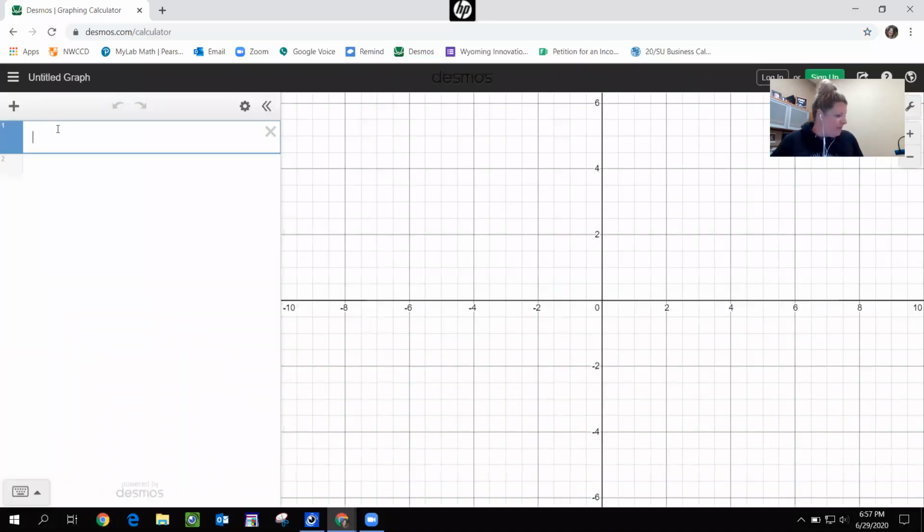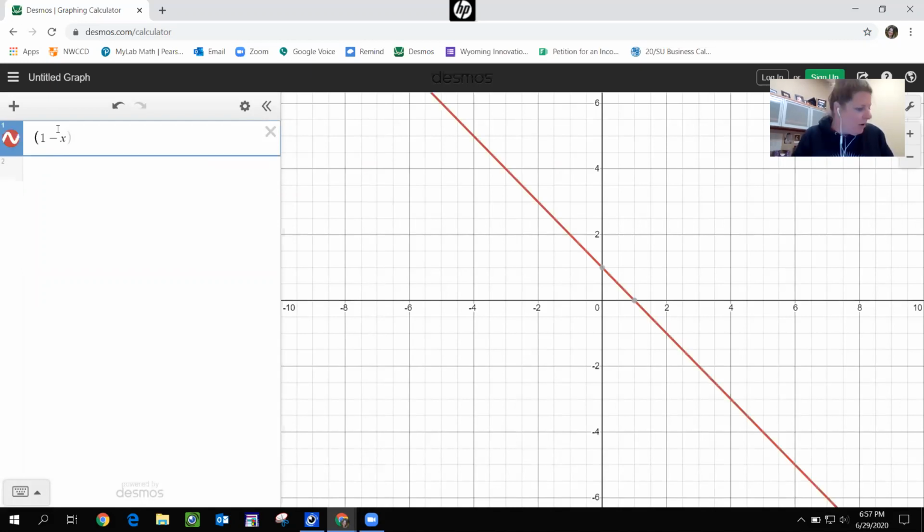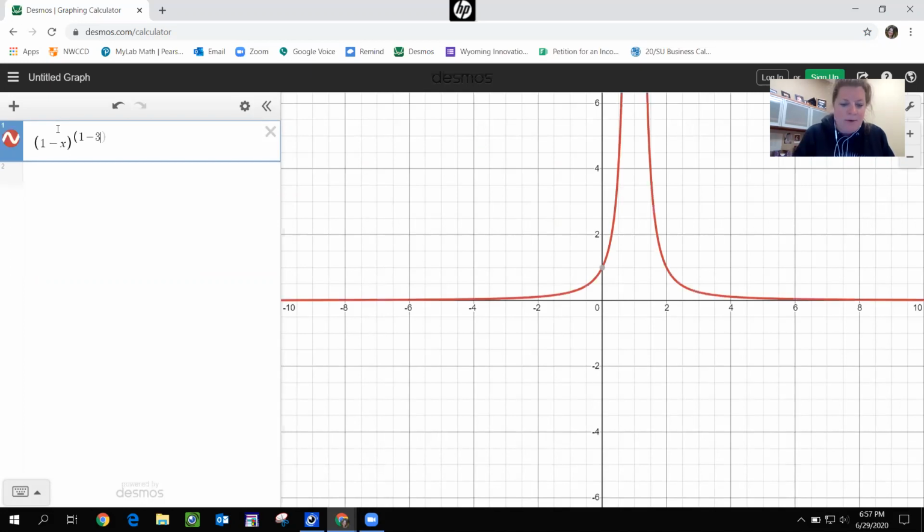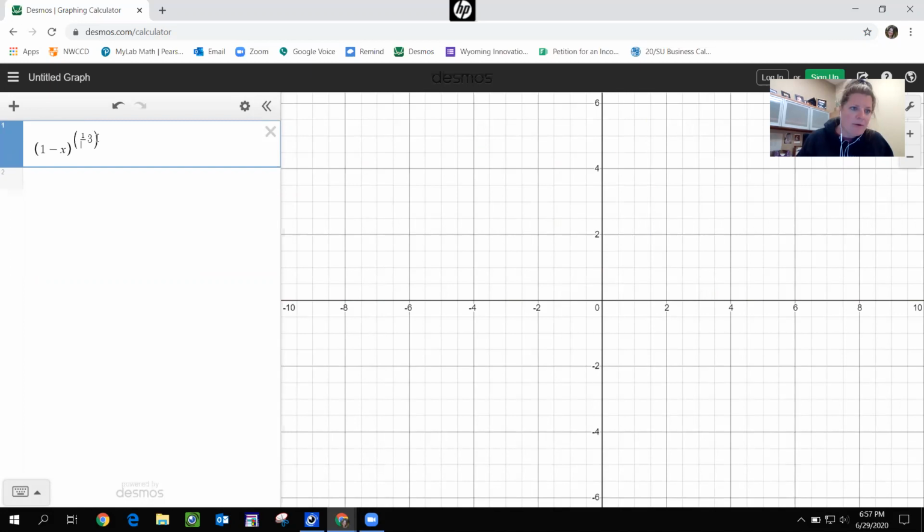All right, so if we graph the original, the derivative is telling me something about the original. 1 minus x to the power of, in parentheses, 1/3. Oops, I did 1/3 there. There we go.